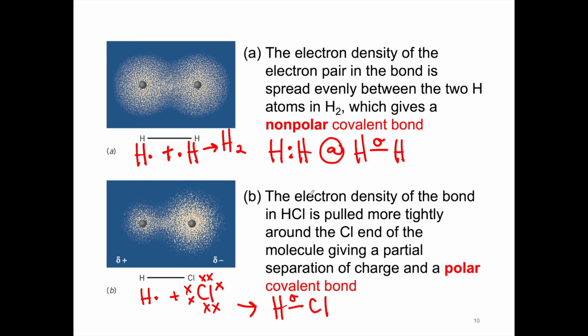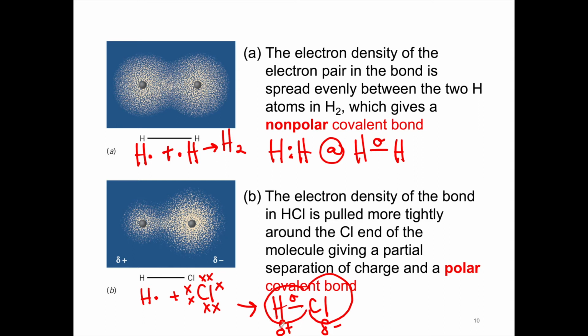The electron density of the bond in HCl is pulled more tightly around the chlorine, giving a partial separation of charge and a polar covalent bond. Because we have a difference in electronegativity, this is delta positive while this is delta negative. There is more electron cloud surrounding the chlorine compared to the hydrogen.